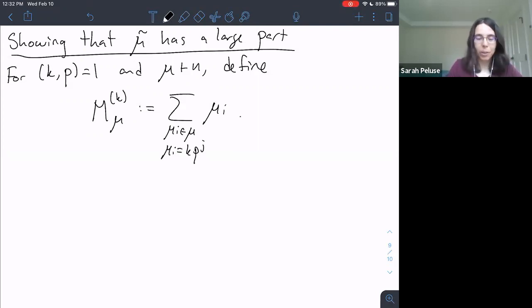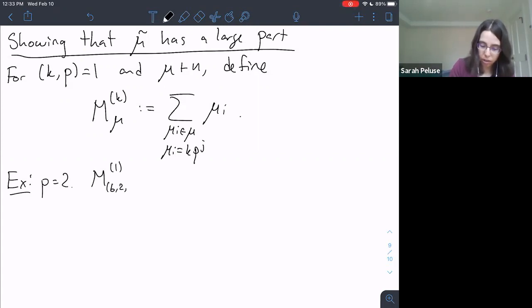I don't know if this has been cited before or if it has a name. I'd be grateful to hear if it has. So for example, again, when p equals 2, then when k equals 1, this thing for the partition 6, 2, 1, 1, 1 equals 5, because we sum up 2 plus 1 plus 1 plus 1, all the powers of 2 appearing there.